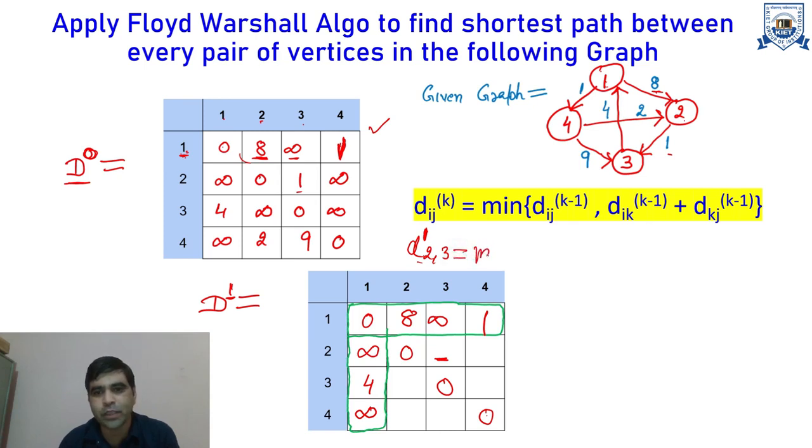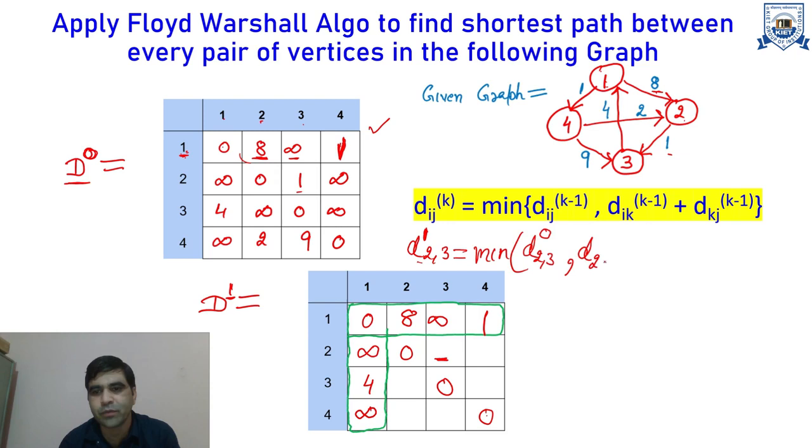We'll find it using the minimum of, see, d of ij, which is 2, 3, and where do we have to look? k minus 1. Here k is 1, 1 minus 1 is 0. So meaning what? We have to look at the D0 matrix. Okay, comma, look at the D0 matrix, comma, d of ik, what is the value of k?